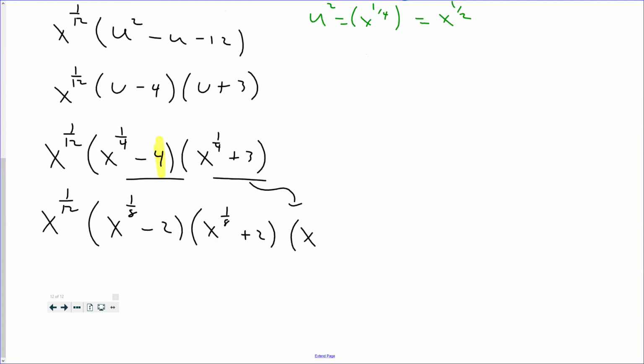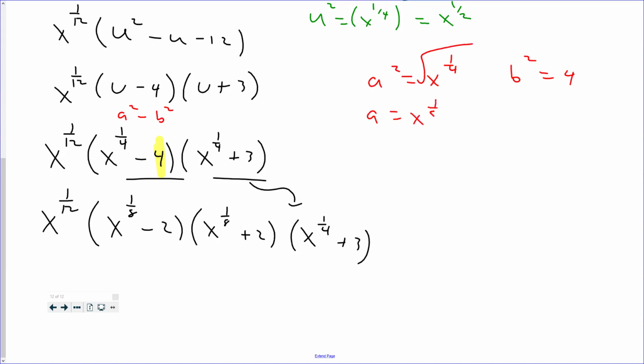This, we can't do anything about. The reason it's x to the 1/8 is because this should be in the form a squared minus b squared. In this case, a squared equals x to the 1/4, b squared is 4. So a is the square root of all this, or you're raising it to the 1/2, so 1/8, and b is the square root of 4, which is 2.